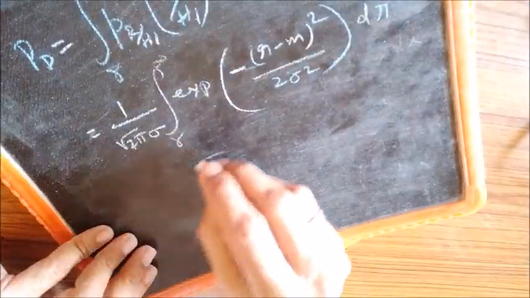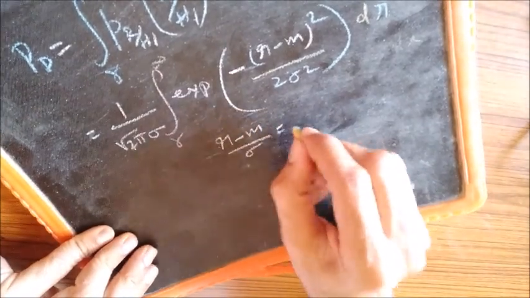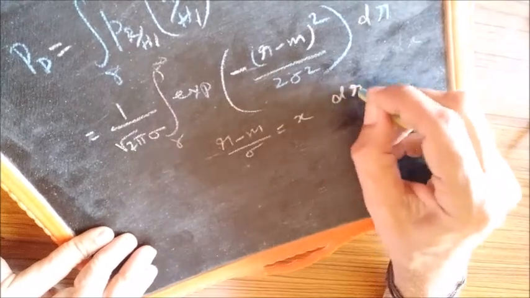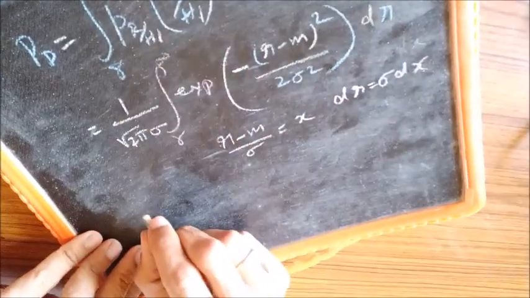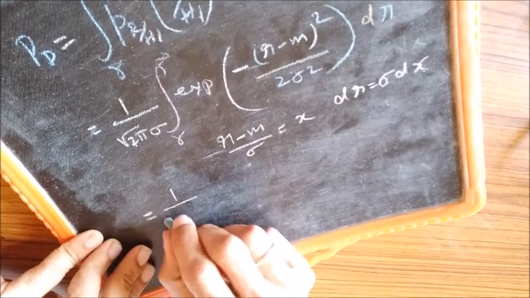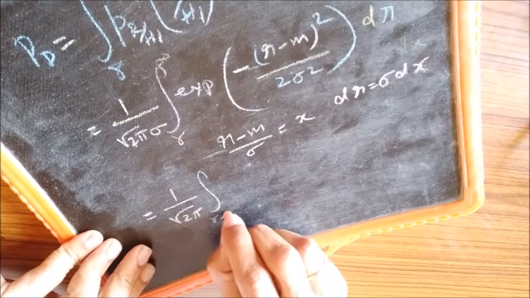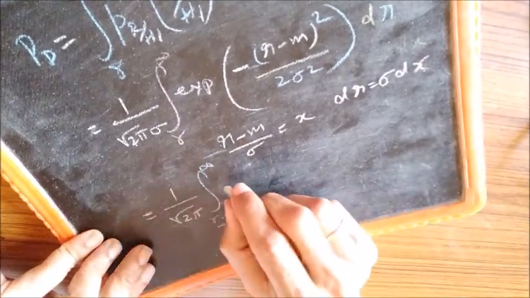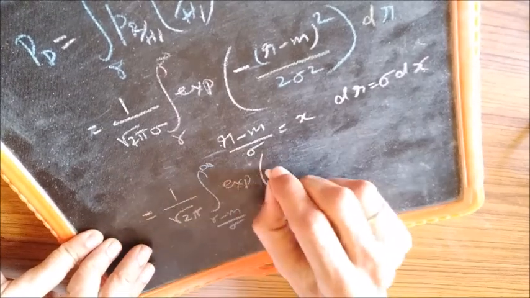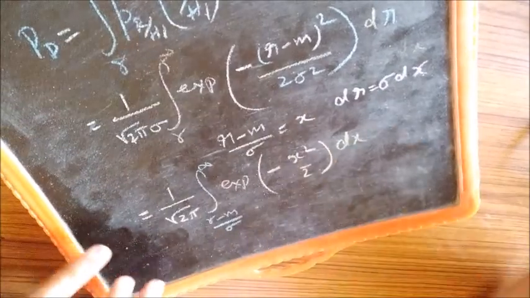Now again we make a substitution: r minus m by sigma is equal to x, dr is equal to sigma dx. Make that substitution in the integration and you will end up getting 1 by root of 2 pi, integral from gamma minus m by sigma to infinity of e raised to minus x square by 2 dx.